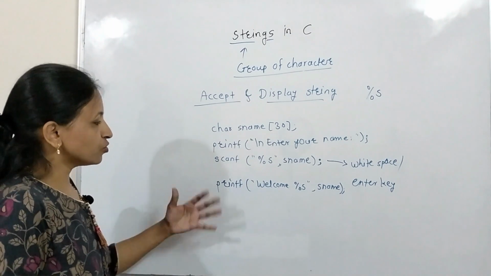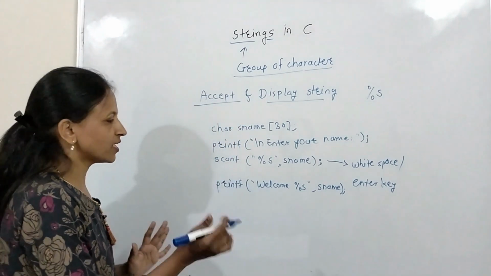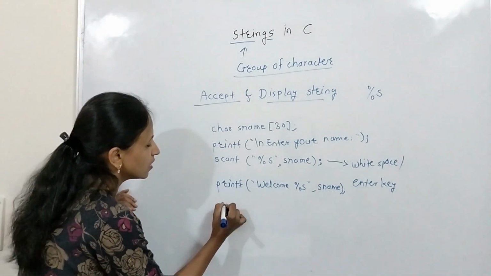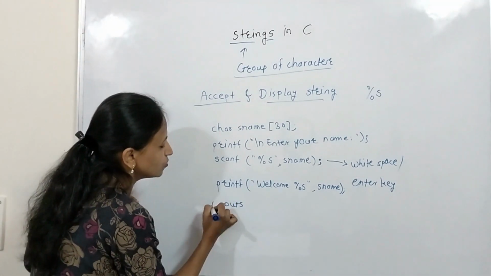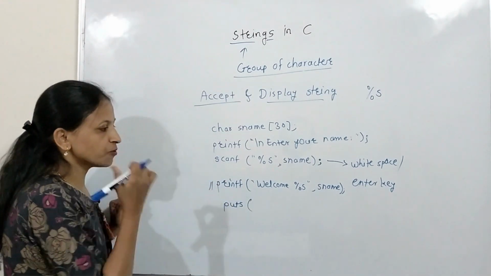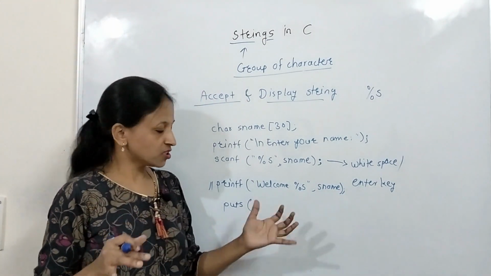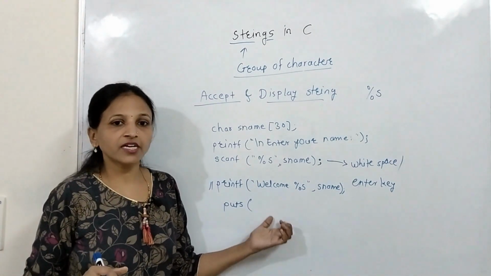One more way to display a string onto the output screen is simply puts, which is the counterpart of gets. Now, how to use that? Suppose you want to display welcome and then s name. Both instructions you have to write separately.